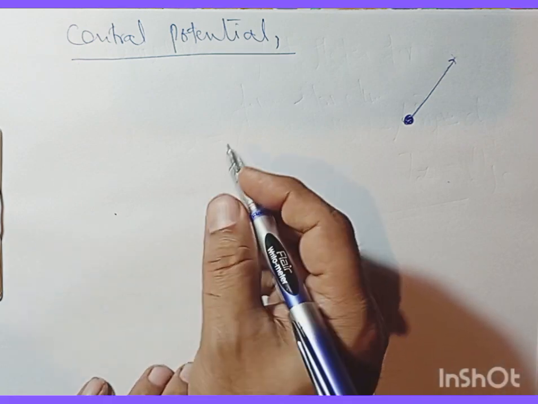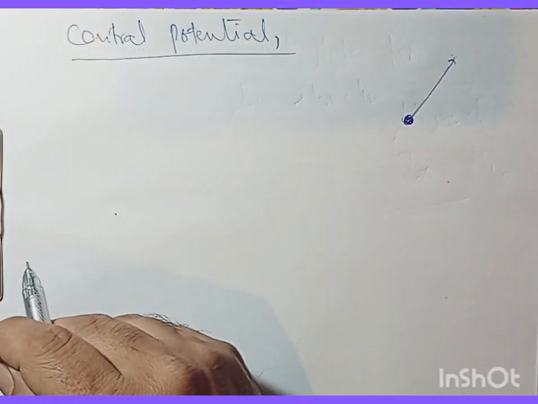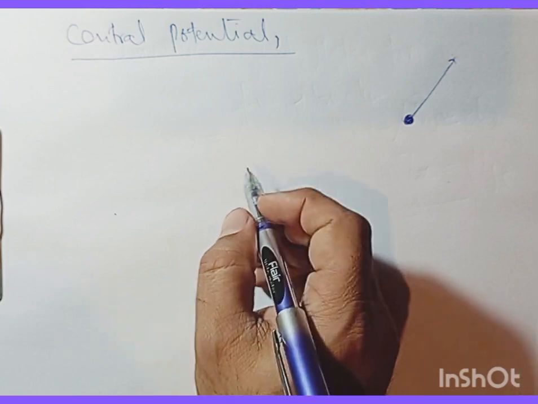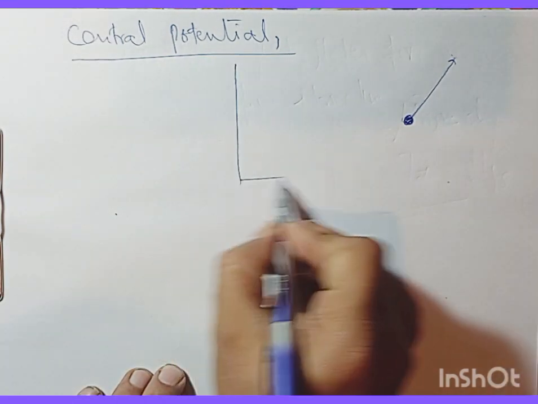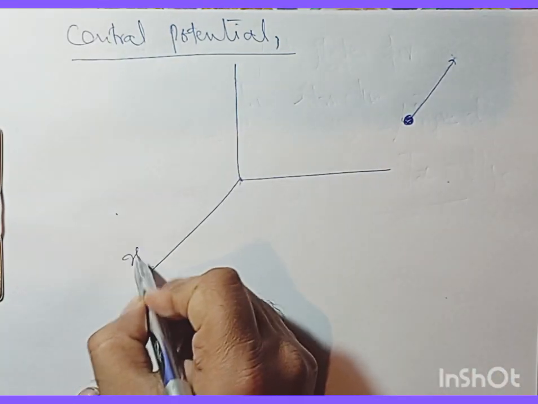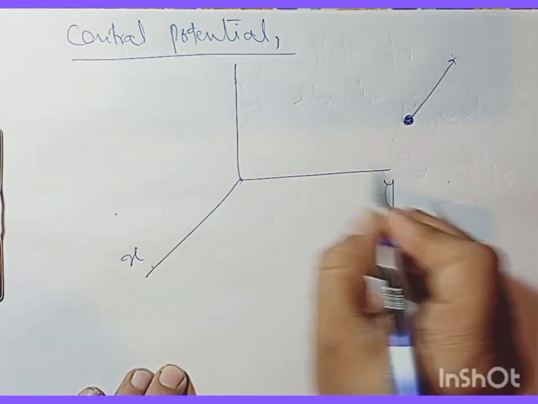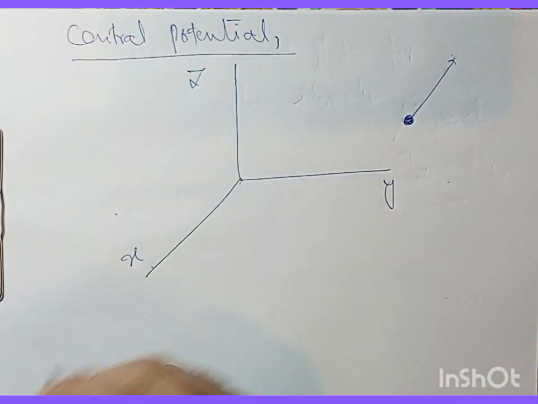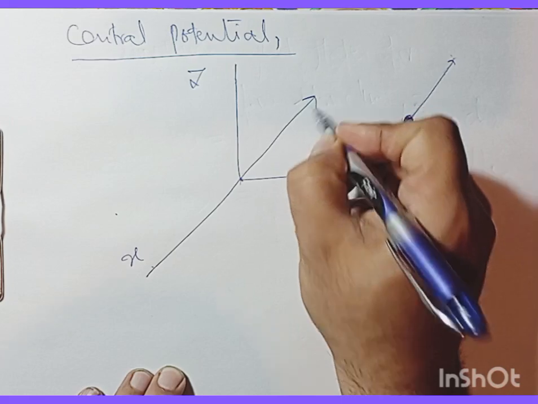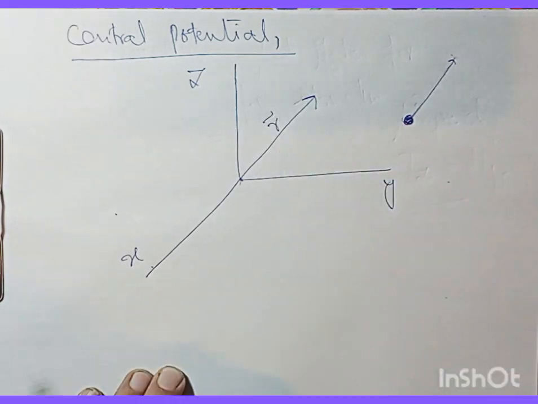If we take the example of the spherical polar coordinates, suppose I choose a coordinate system like this, assuming this is x, this is y, and this is z, and choosing the position vector r.